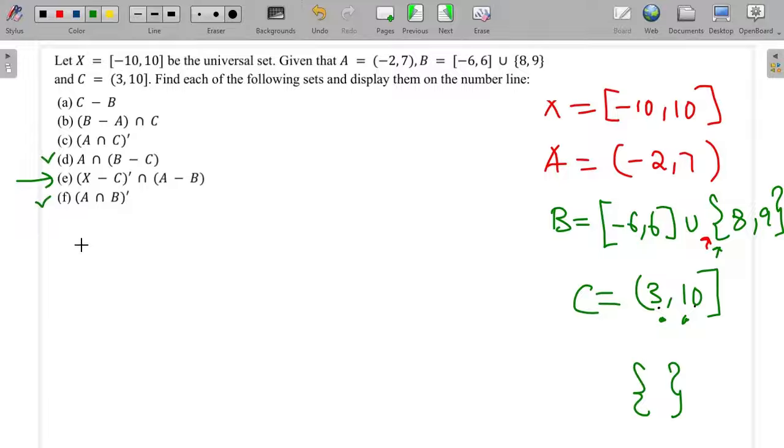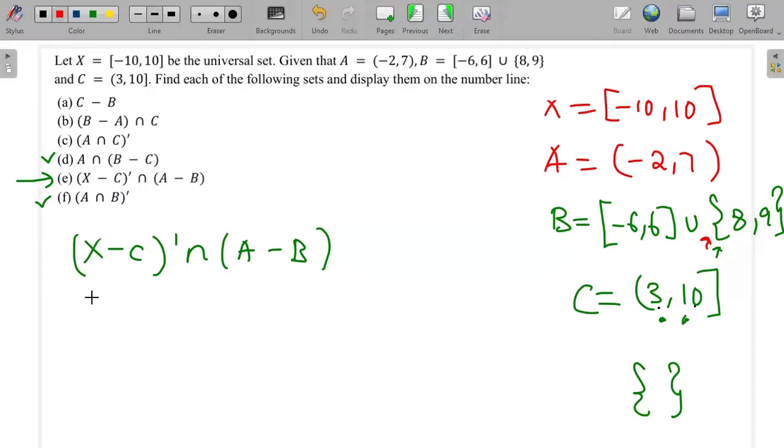So on E, look at the set first. We have X, which they said was the universal set, minus C in brackets and then complement, intersection A minus B. Before we can answer this, we need to simplify this set. Whenever there's a minus something, it's just intersecting the complement of it, right?